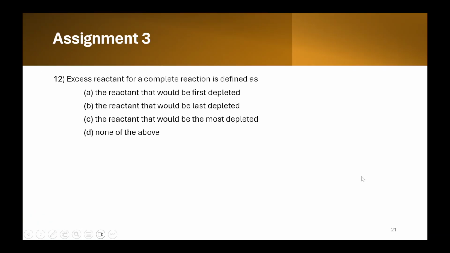So it will obviously not be the reactant that would be depleted first. If we have an excess reactant, that means we will have a limiting reactant as well, and limiting reactant is that which gets depleted first. So it will not be this answer.